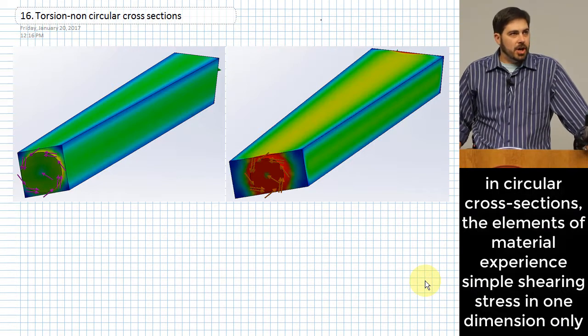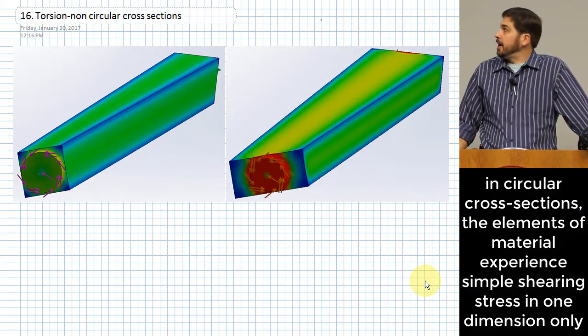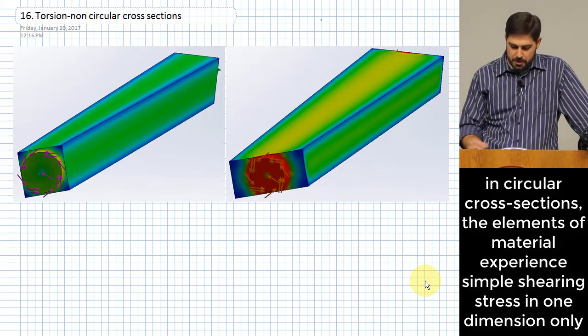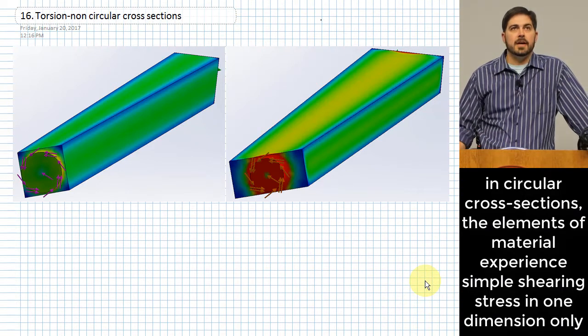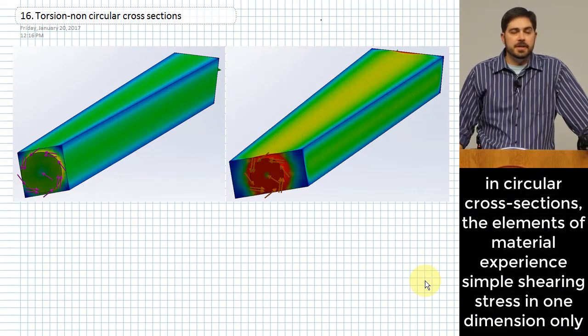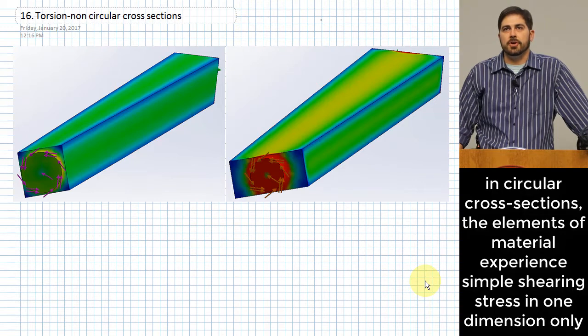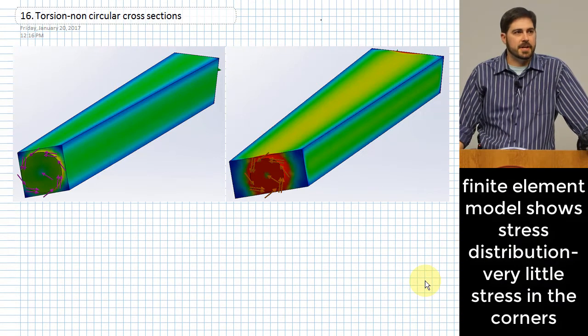Whenever we go to a non-circular cross section, those assumptions no longer hold. So what we're going to do here is look at some non-circular cross sections. I modeled these in SolidWorks, the simulation package.